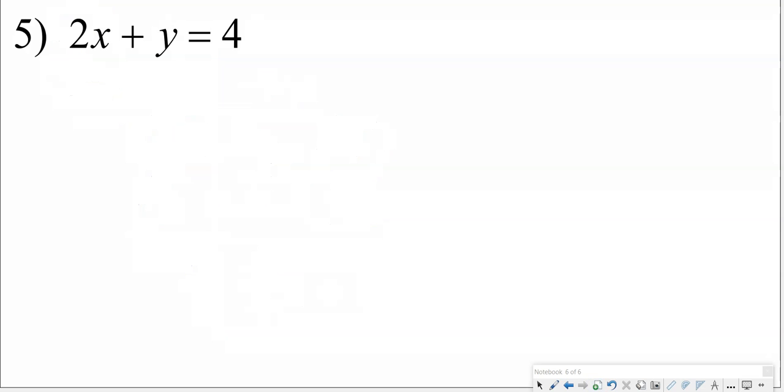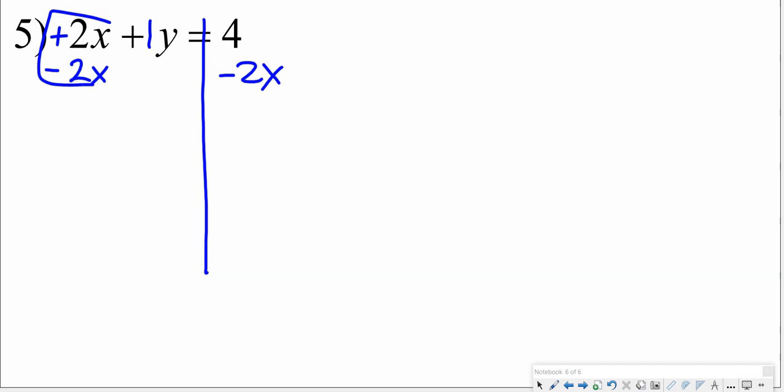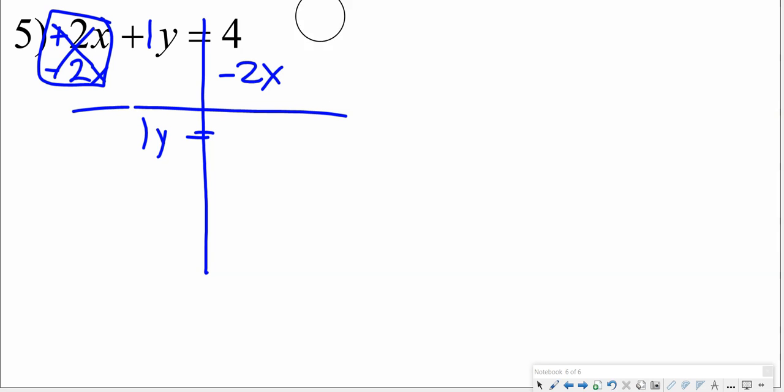All right. Last one I'm going to do with you. We can throw a 1 right there if you'd like. So we're going to subtract 2x since that's plus 2x. Our opposite operations are gone. We're left with 1y equals. I know you could have just left y in here and finished it, but I'm going to do it for a reason. I'll let you know in a second. Not like terms.